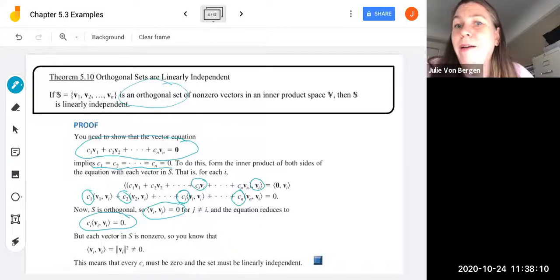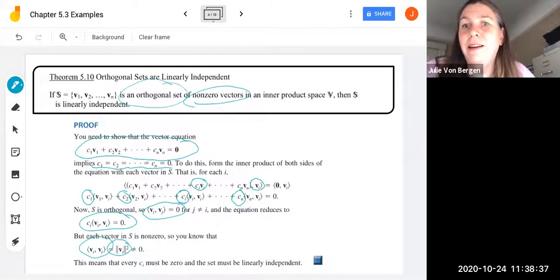So that equation is going to say, well, then Ci times Vi inner producted, or dotted if we're in R3, with itself equals 0. Okay, but each vector is non-zero. So then we know the Vi inner producted with itself is not 0. That's just the norm of Vi squared, because each vector is a non-zero vector. Then we know this can't be 0. So that must mean this constant over here is the 0.